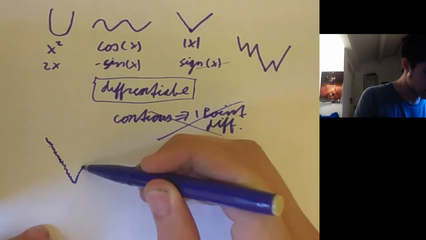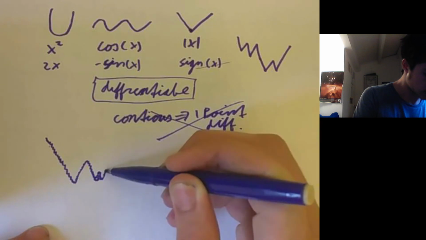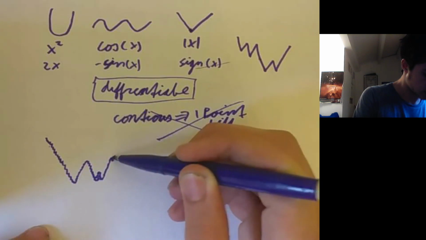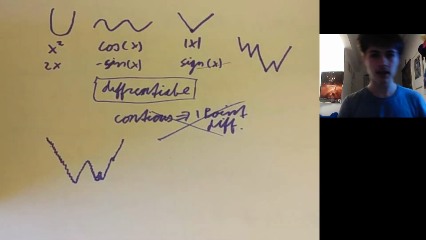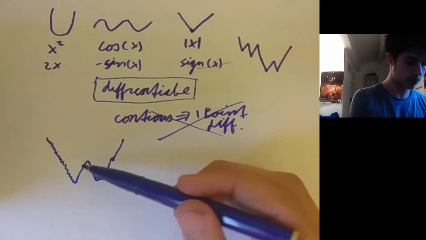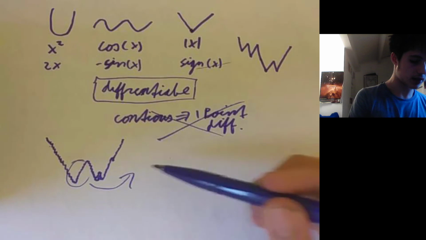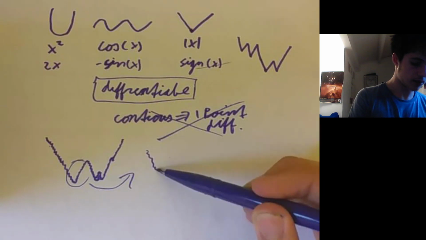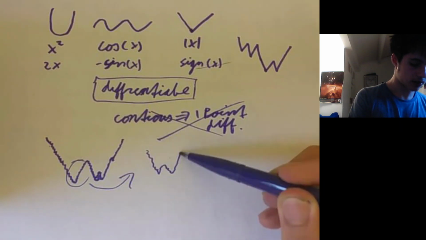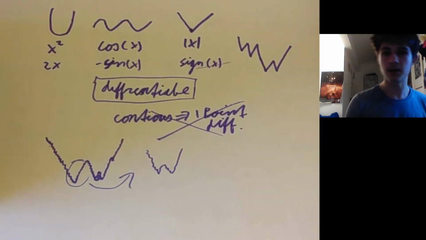So like this, and then like this, and yeah, something like this. It goes really up and down, and the point is that if you zoom in on such an area, it looks exactly the same as the bigger picture.